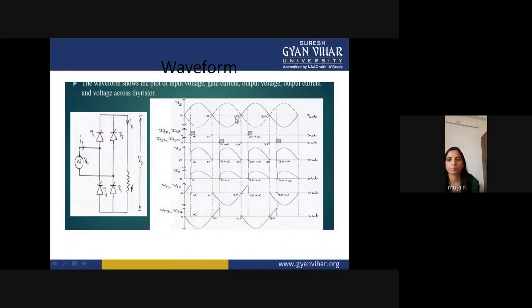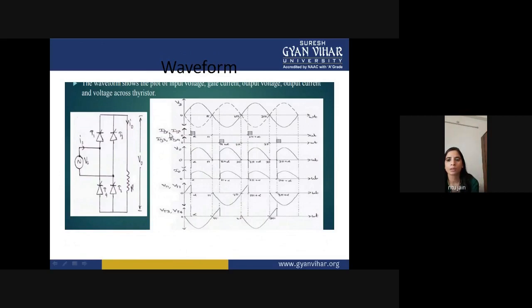As you know, a thyristor will conduct when you apply a gate pulse to the SCR. You can see the gate pulses: IG1 and IG2, and IG3 and IG4.